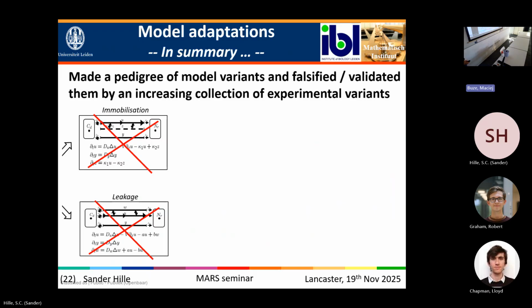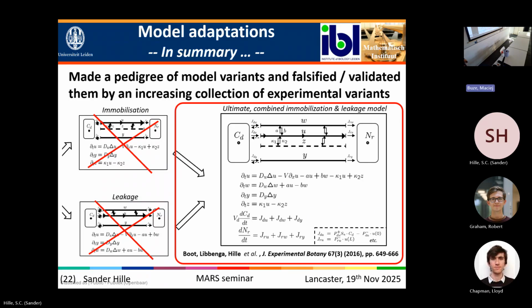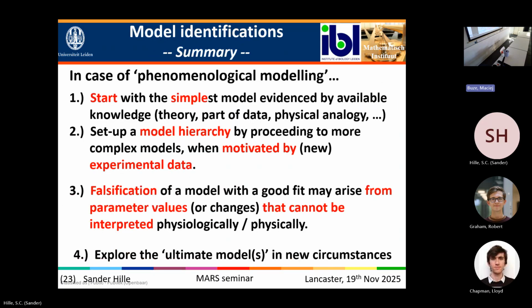It's with Hille now. It's a difference. Yeah, there it is. So this is a combination of the two, and yeah, you get to a complexity that is requested more or less by the data.